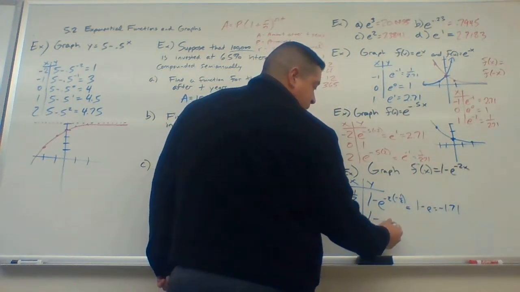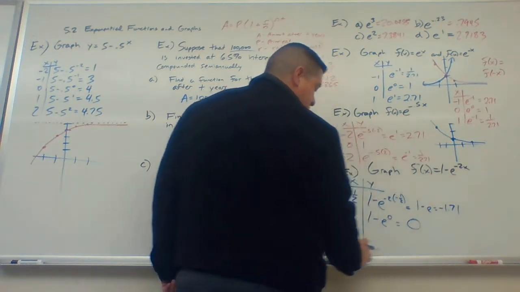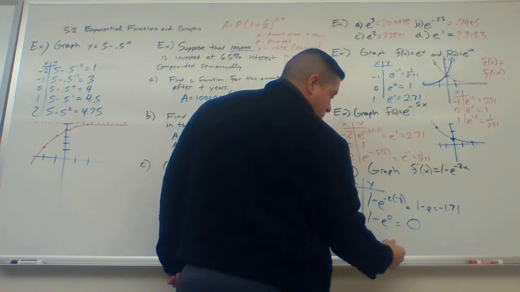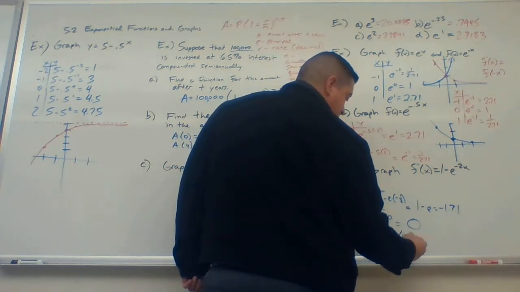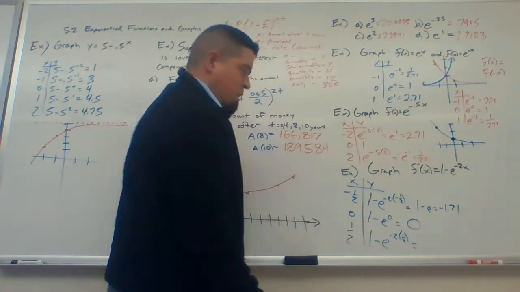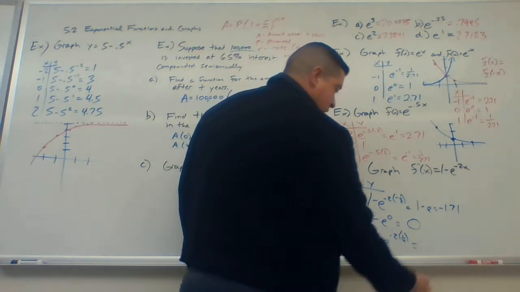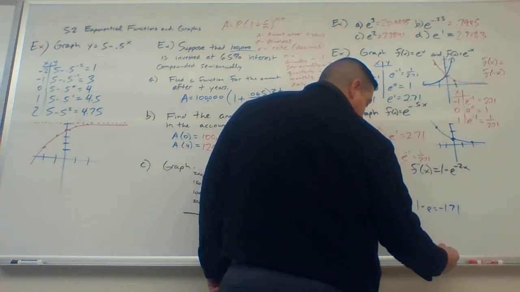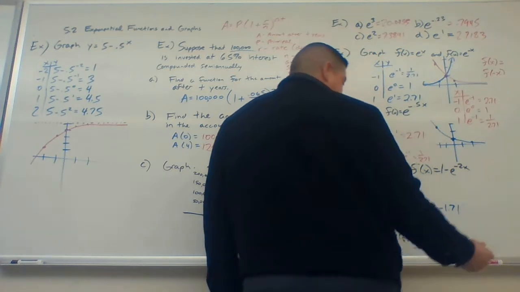This would be 1 minus e to the 0, so that's 1 minus 1, so that's 0. Here it'd be 1 minus e to the negative 2 times 1/2, which would be 1 minus e to the negative 1.